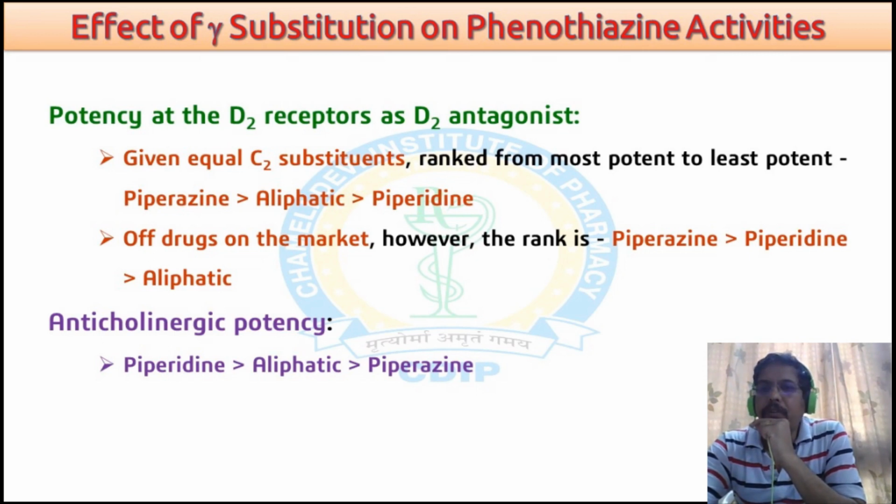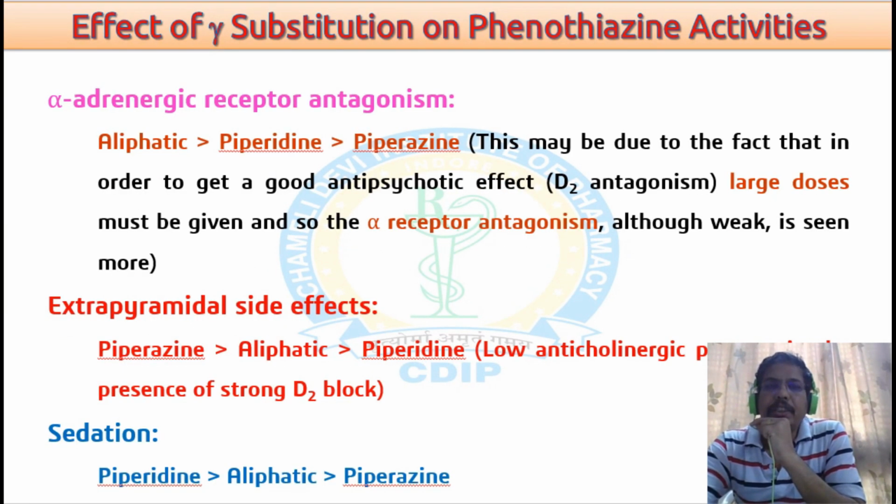If we further check the effect on other receptors, especially alpha adrenergic receptor antagonism, then the aliphatic side chain has more alpha adrenergic receptor antagonist activity as compared to piperidine, and piperidine has somewhat more as compared to piperazine.